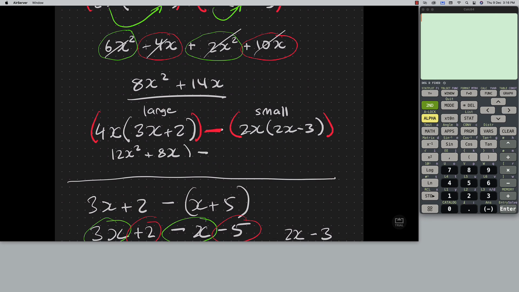I'm going to subtract from that the expansion of this one inside these large brackets. 2x times 2x becomes 4x squared. 2x times negative 3 becomes negative 6x. Don't forget we're going to put that in brackets, which basically means we're going to change the sign of everything.